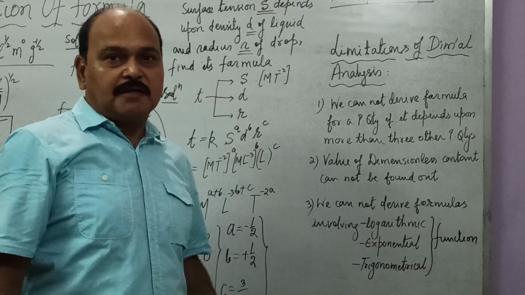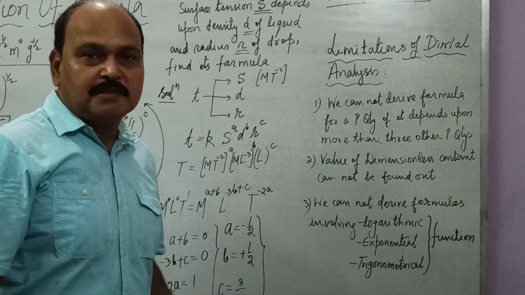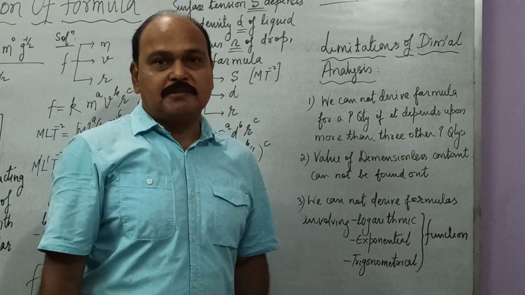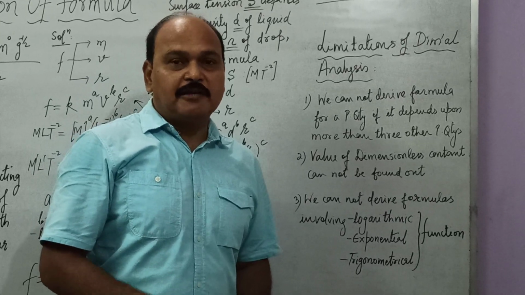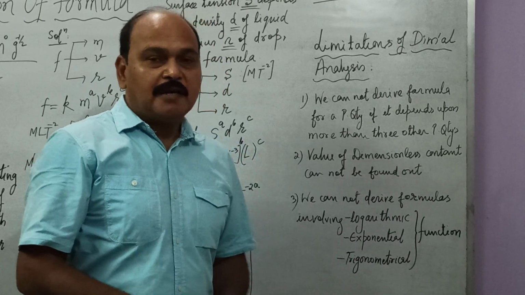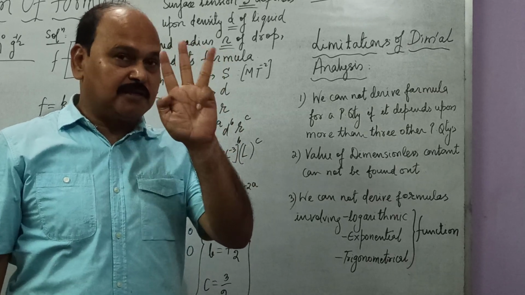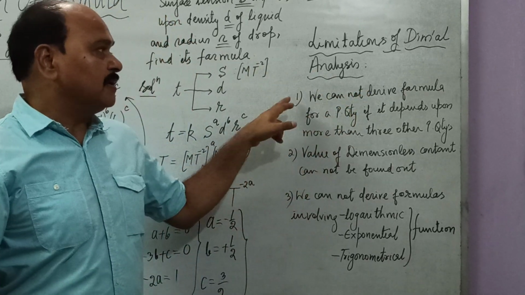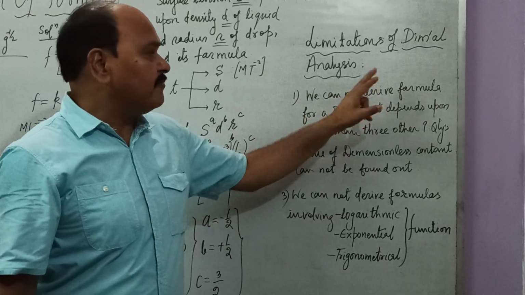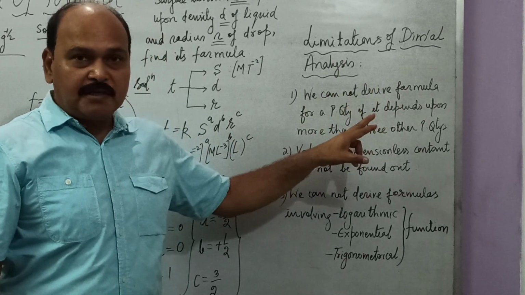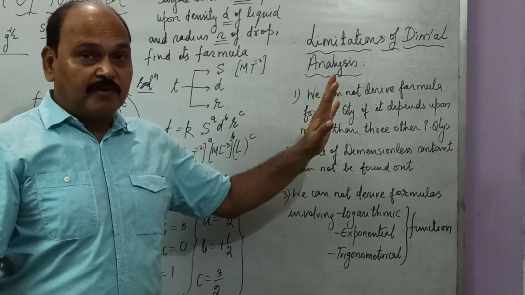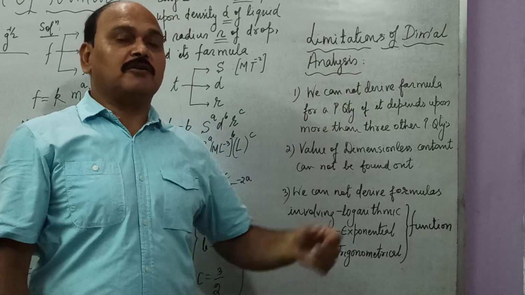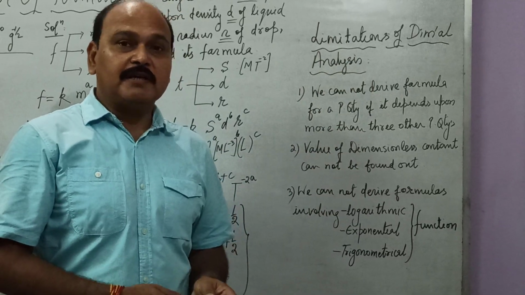Children, after studying the advantages of dimensional analysis, let us know the limitations of dimensional analysis. So we have studied 4 advantages, and now we are going to study 3 limitations. So what are these 3 limitations? Number 1, we cannot derive the formula of a physical quantity if it depends upon more than 3 other physical quantities. Why?